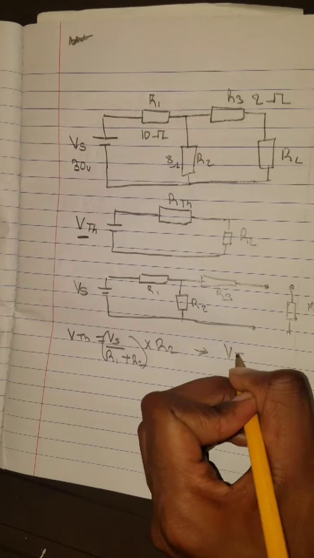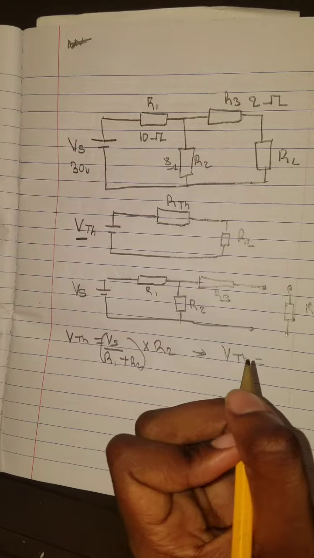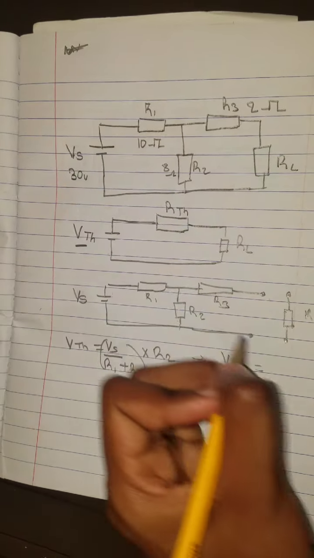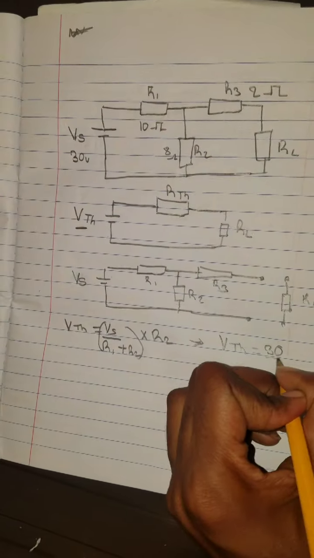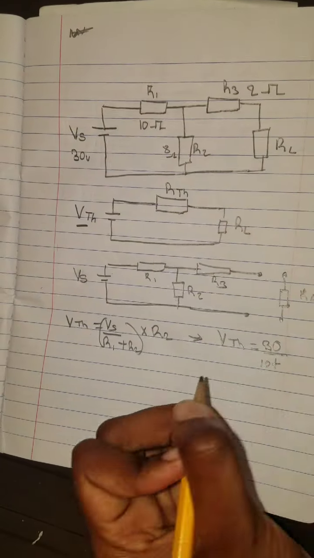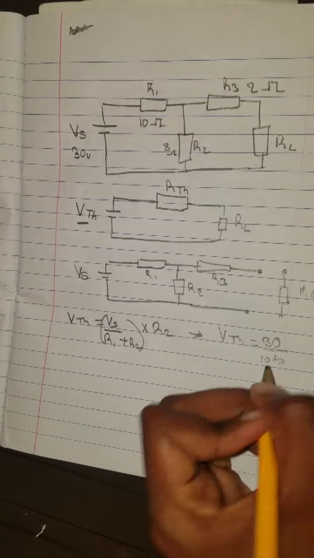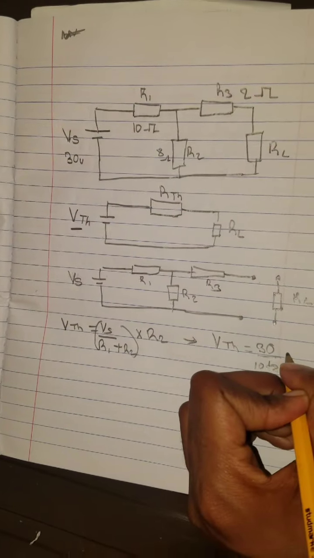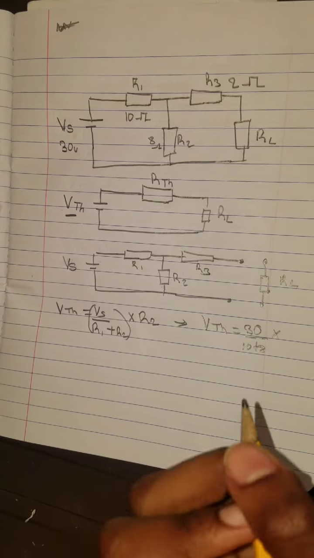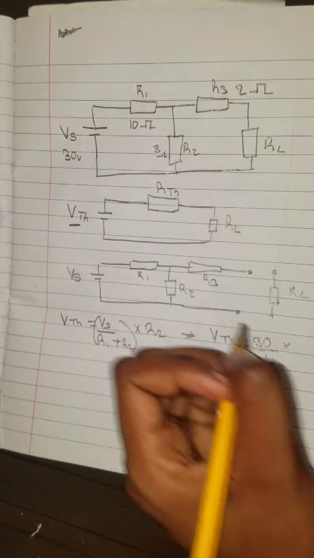So we still have VTH, your Thevenin voltage, and we're going to substitute. Vs, which is 30, over R1, which is 10, plus R2, which is 8, and all this times R2 again, which is 8.